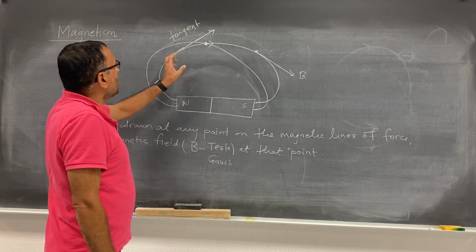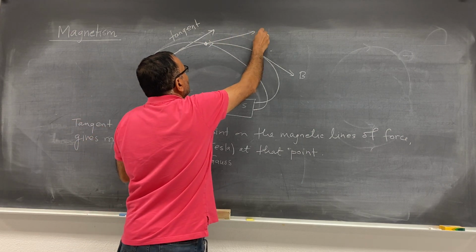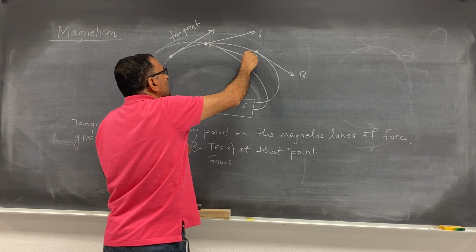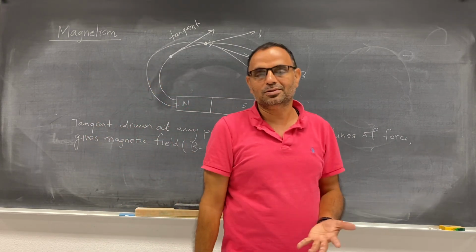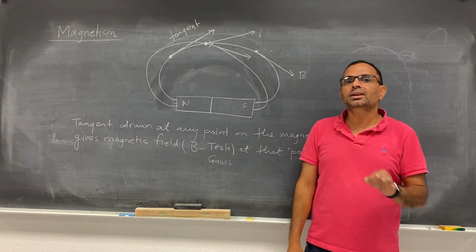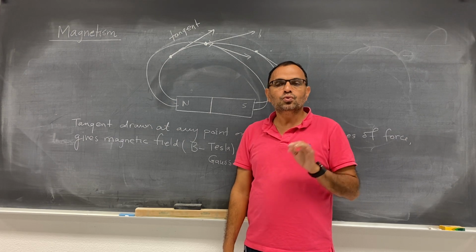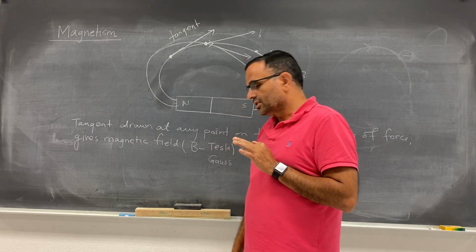Right here you have two curves: if you draw the tangent in this direction, and then the tangent on the second line, this is another tangent line. So you have two magnetic fields there. That is not possible. That is why two or more magnetic lines of force never intersect each other.